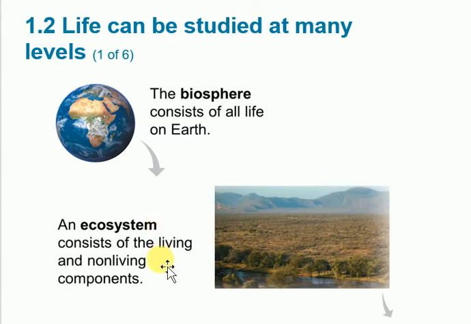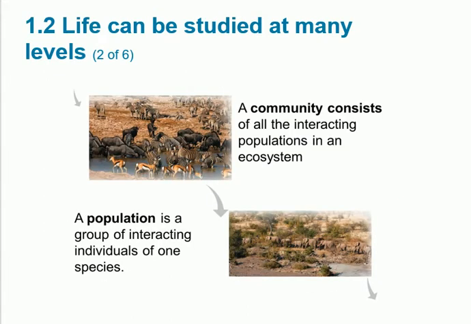And then within the biosphere you have the ecosystem, which is living and non-living. You have different ecosystems. Within the ecosystems you will have communities, different communities. These different communities are going to interact.